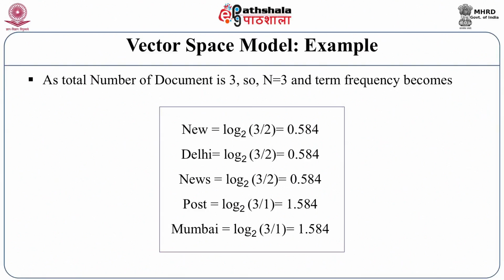So the value of News is 0.584. Next one is Post. Post has occurred only in document 2. So the denominator of the function will be 1, and the corresponding value will be 1.584. The same is true for Mumbai.